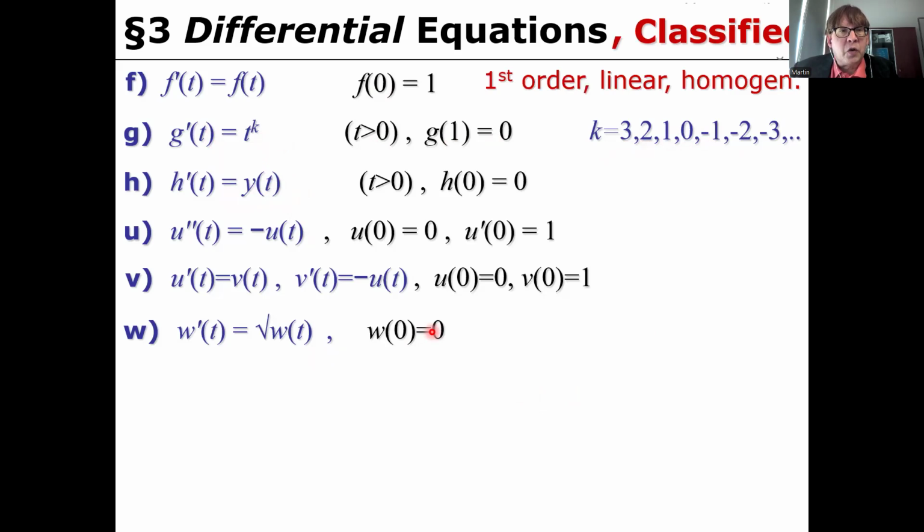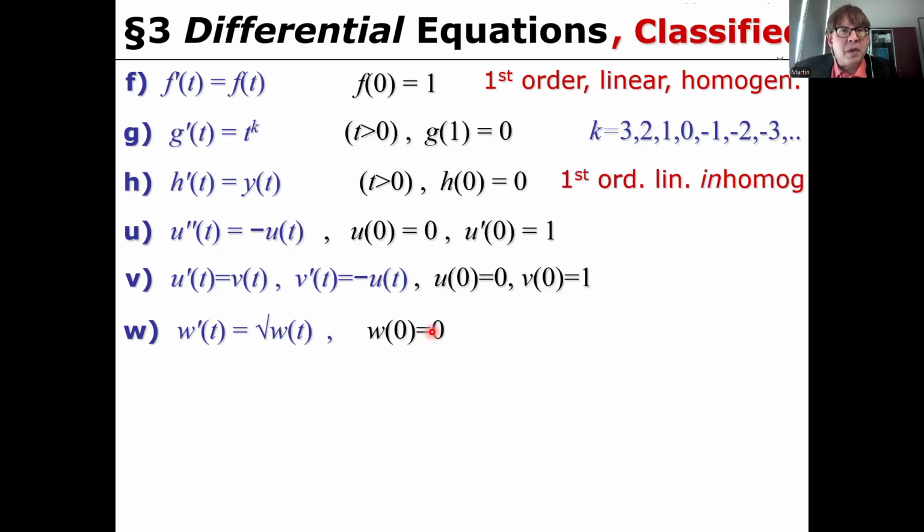Right. And we've classified these differential equations. This is a first order differential equation because it only involves f single prime. It's linear, no square root or multiplication, and it's homogeneous, no term that does not depend on f.